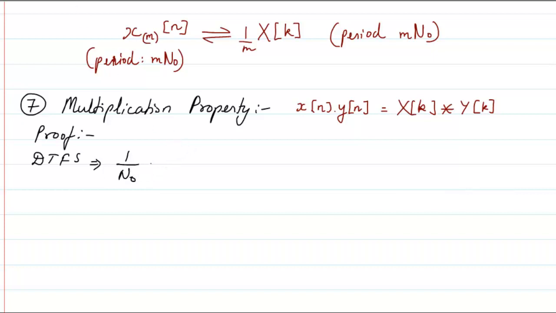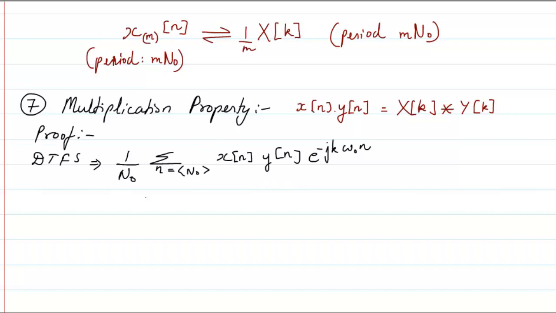So 1 by N naught, summation n within the period N naught, and now the signal is x of n into y of n, e raised to power minus j k omega naught n. Now instead of y of n, I am going to substitute its inverse transform, that means the inverse DTFS.